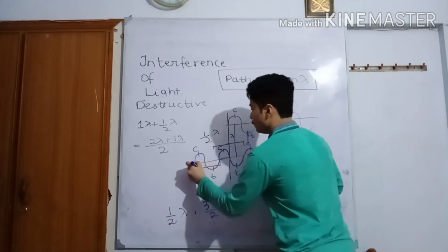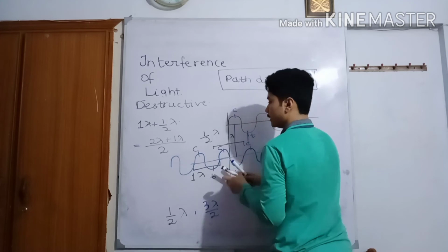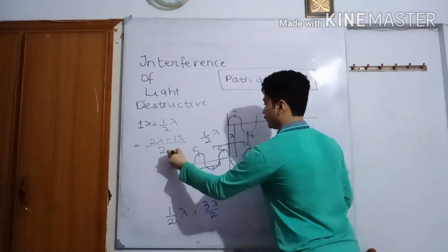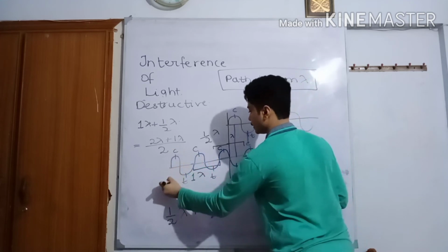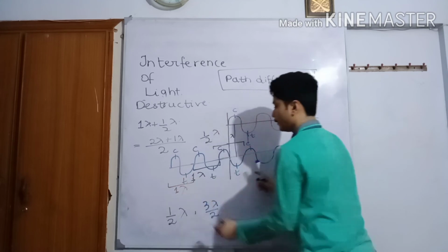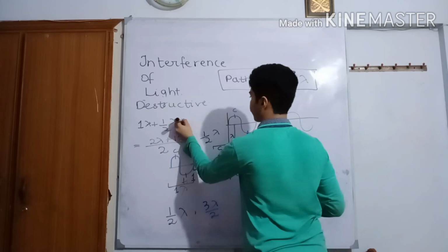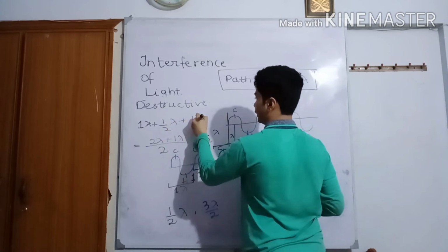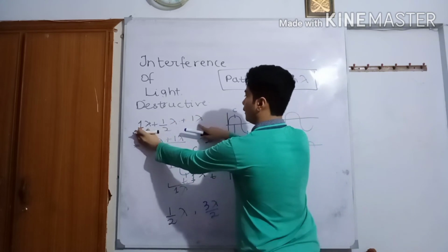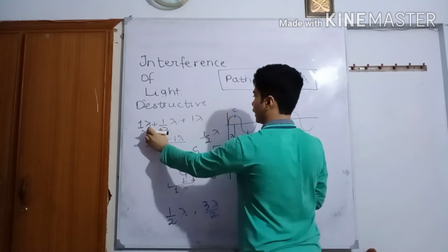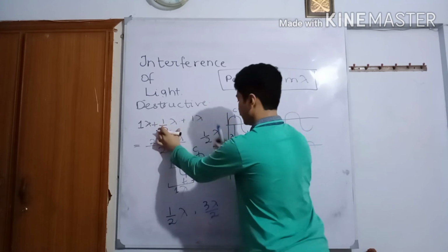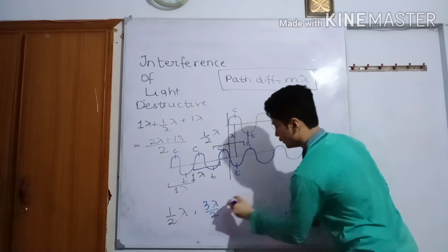Now if I add one more wave here, still the interference is destructive. This is crest, this is trough, this is more 1 lambda, and now I'm gonna add 1 lambda plus 1 lambda plus half lambda. Now 1 lambda plus 1 lambda is 2 lambda, and 2 lambda plus half lambda is equal to 5 lambda by 2.